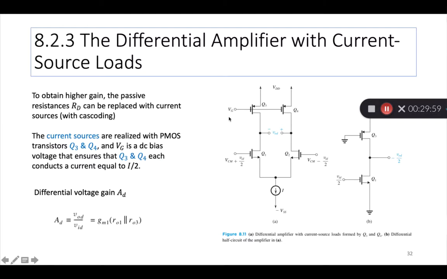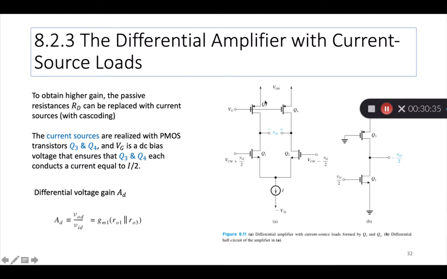Otherwise, the voltage gain that we hope to get will not happen without cascading. So it's a two-step process. First, you have to get rid of the resistance in the drain circuit and put a PMOS device. Then secondly, to achieve the real gain, you have to take each of these transistors, the gain transistor, and put another device called a cascode device.